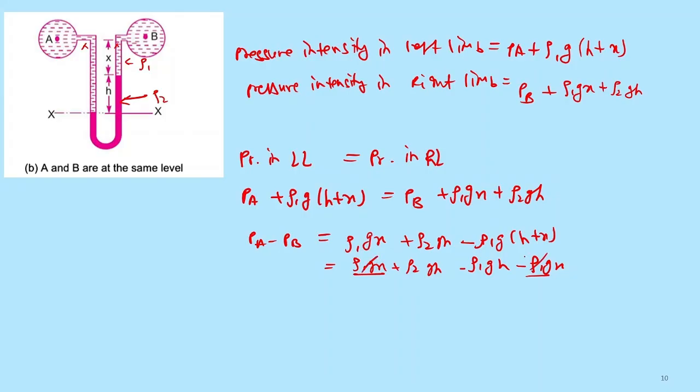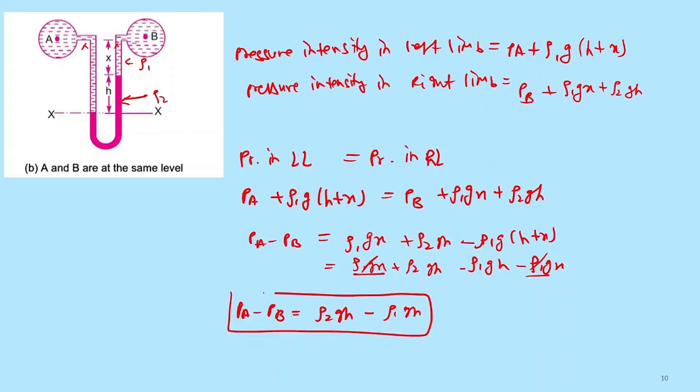So this and this will get cancelled, and we will get PA minus PB equal to rho 2 g h minus rho 1 g h, and if we take g h common we will get PA minus PB equal to (rho 2 minus rho 1) g h Newton per meter square.